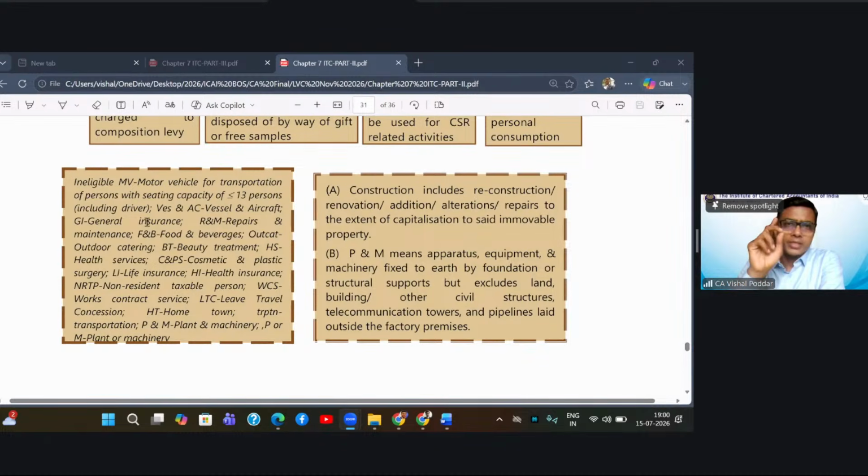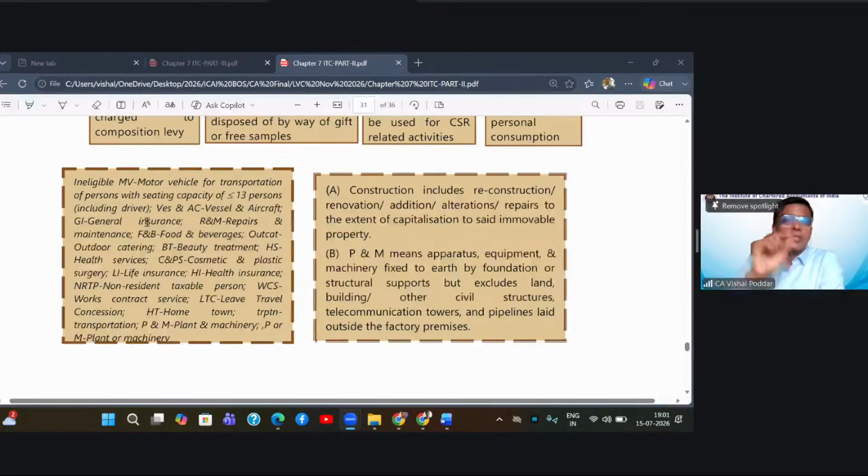So if you are purchasing the second category of motor vehicles, that is, those for transportation of goods, like lorries, like trucks, like huge vehicles which are used for carrying goods, all these vehicles which are for transportation of goods, the ITC is allowed. So point number one, for goods transportation, whatever motor vehicle I'm purchasing, ITC is allowed. There is no blockage. Blockage is wherever the motor vehicle is for passengers.